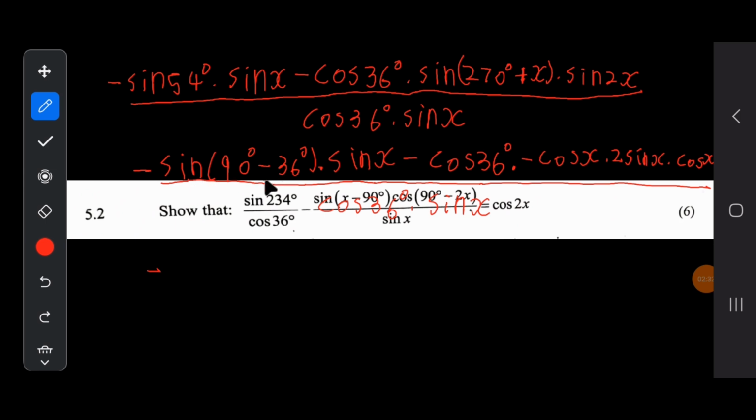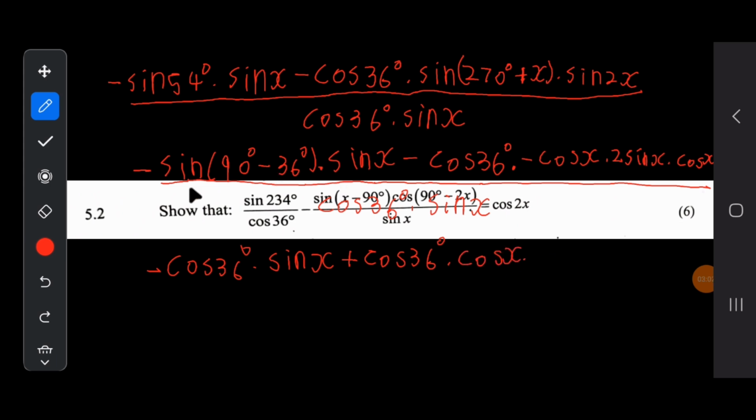So sine 90 minus 36 gives us cos 36, so write negative cos 36. Why did I write a negative? Because it already had a negative in its original equation. Multiplied by sine x, minus negative cos 36 times negative cos x gives you what? Positive cos 36, because negative times a negative gives you a positive.